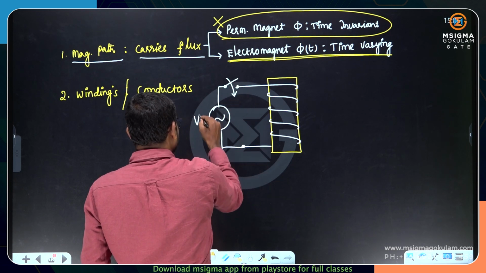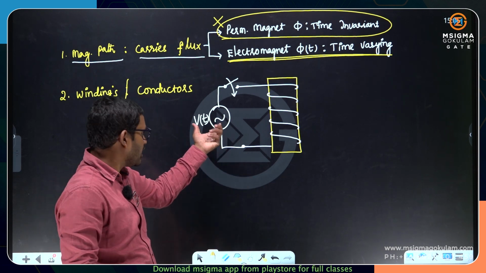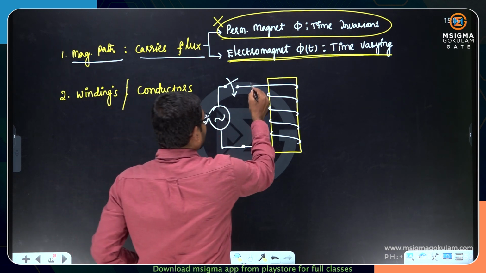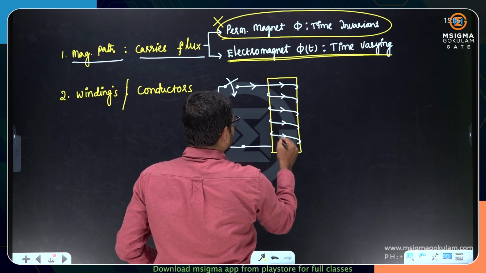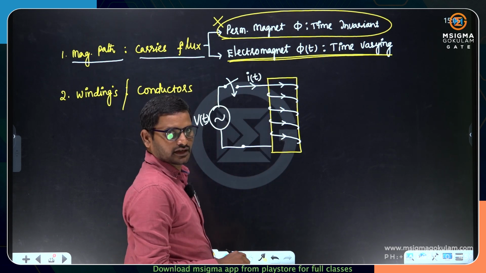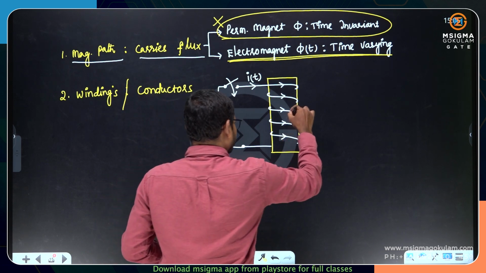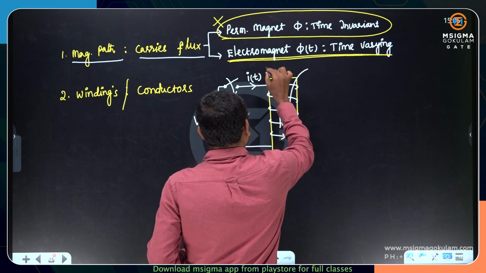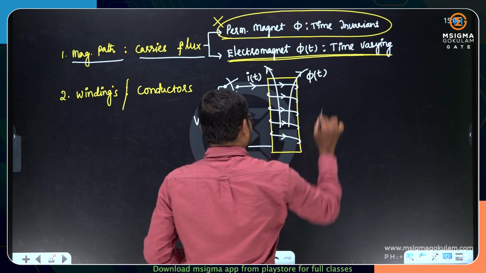Whenever you give a supply, it's a time varying voltage. If you give an alternating voltage source, an alternating current flows, and this alternating current creates an alternating magnetic field. The magnetic field direction will be according to the right hand thumb rule. We will explain in detail later. So this is the time varying magnetic field.